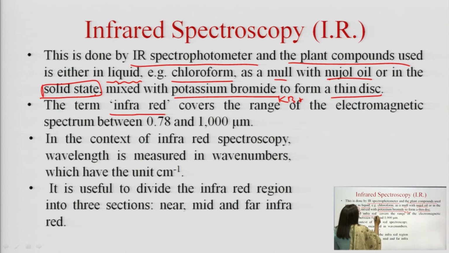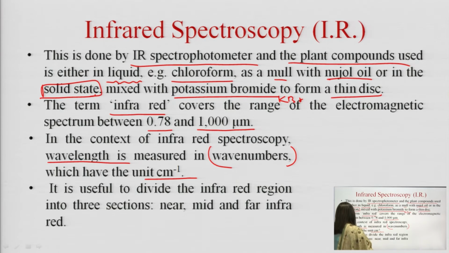The term infrared covers the range of electromagnetic radiation between 0.78 to 1000 micrometer, or as already mentioned above, 700 nanometer. In the context of infrared spectroscopy, wavelength is measured in terms of wave numbers, which have the unit centimeter inverse.